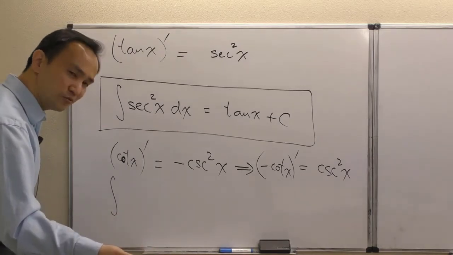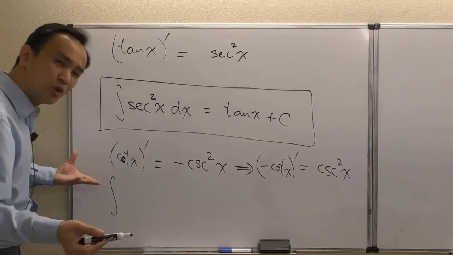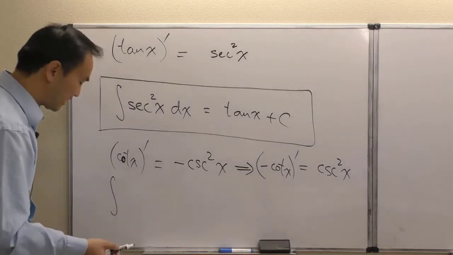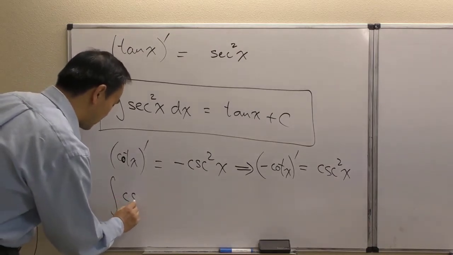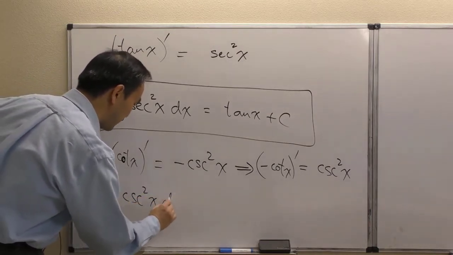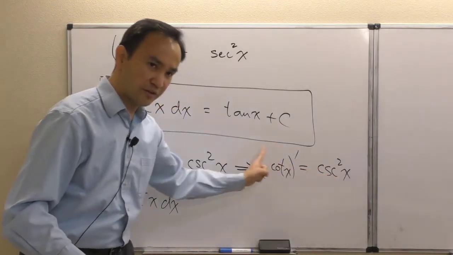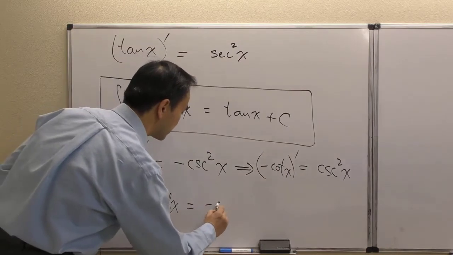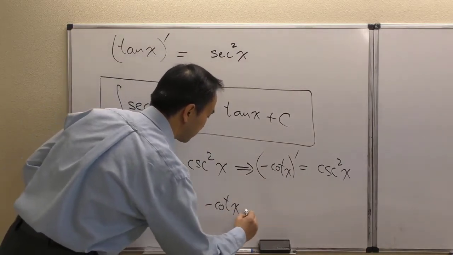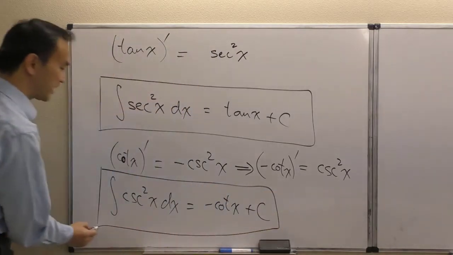No one is required to memorize it, but it's worth putting some attention on it. The antiderivative of cosecant squared of x, the reverse of that derivative work, will be minus cotangent of x plus c.